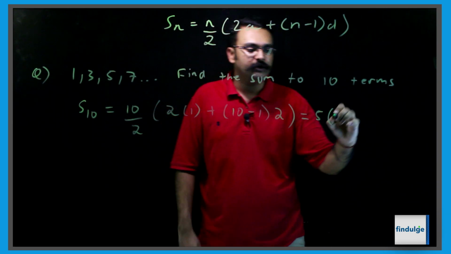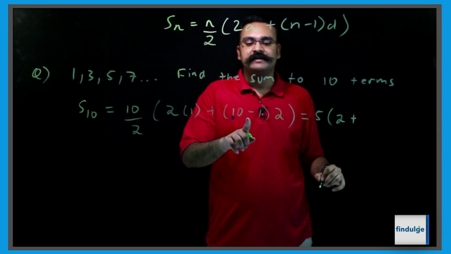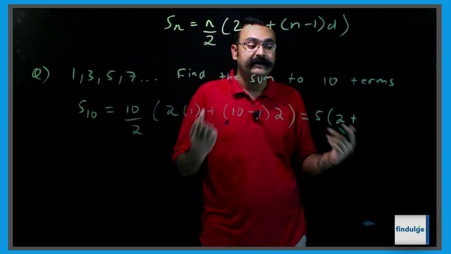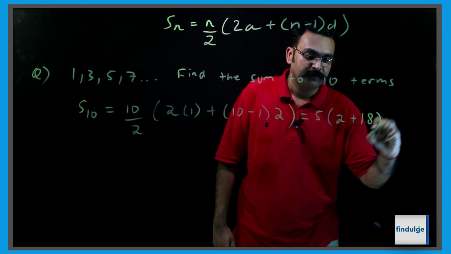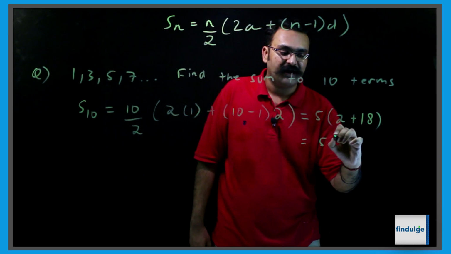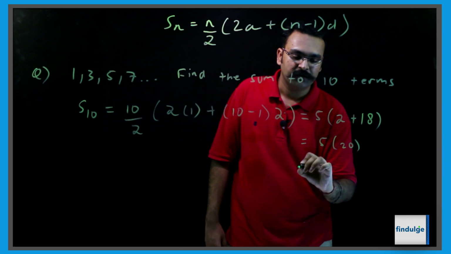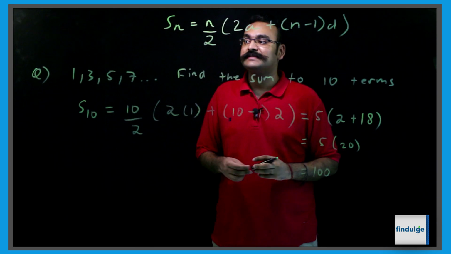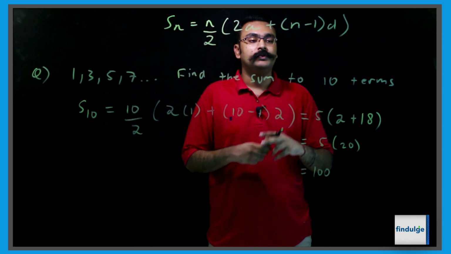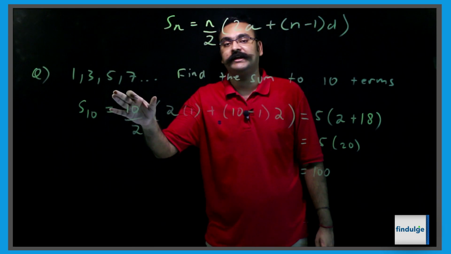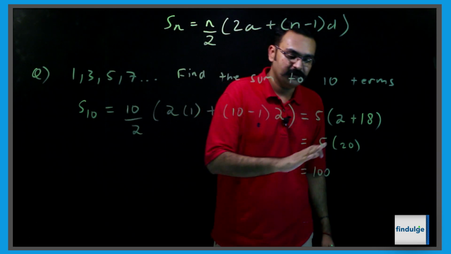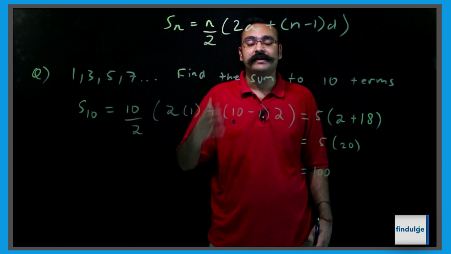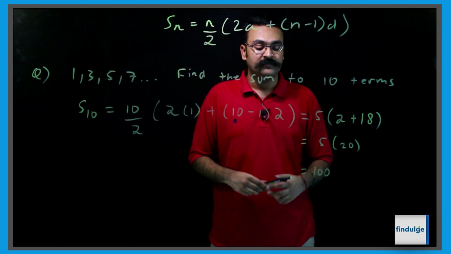This is 2 into 1, 2, plus this will become 10 minus 1, 9, 9 into 2, 18. So the answer is 5 into 20, which is equal to 100. So we can see that the sum to 10 terms of this particular AP will be 100. As always, you can write it out and see for yourself.